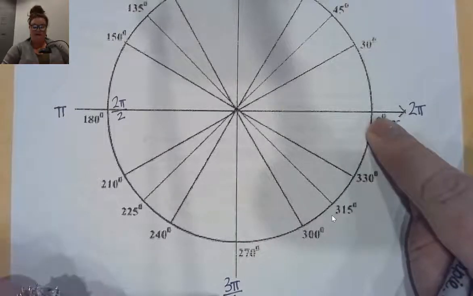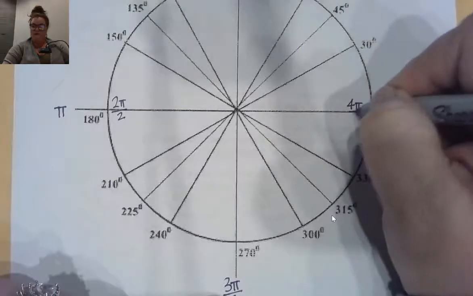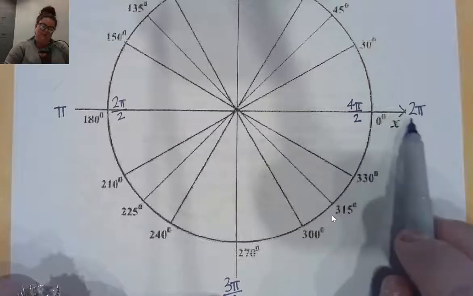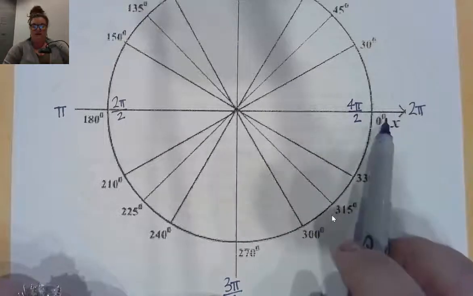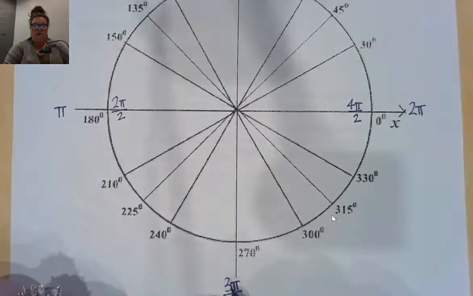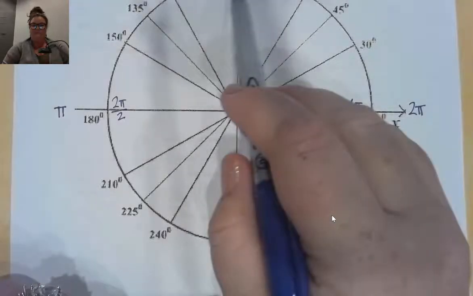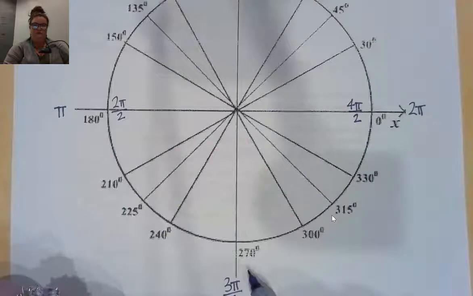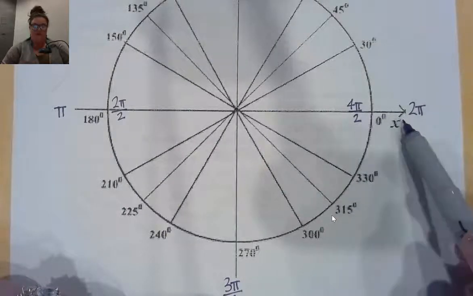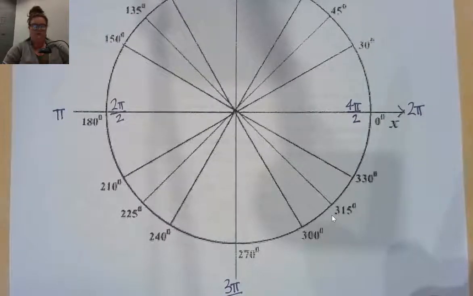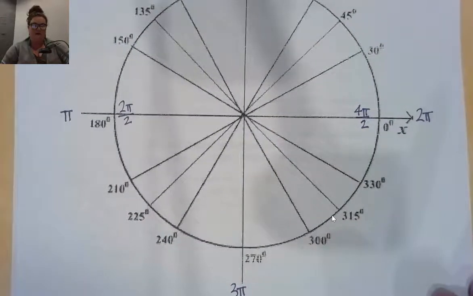And then I could keep going. If I head back up here to 0, another pi over 2 rotation is going to give me 4 pi over 2, which again reduces down to 2 pi. So all of these quadrantal angles I can get to by counting by pi over 2: 1 pi over 2, 2 pi over 2's, which is just pi, 3 pi over 2, and then back to 4 pi over 2, which is 2 pi. So that gives me all my quadrantal angles.